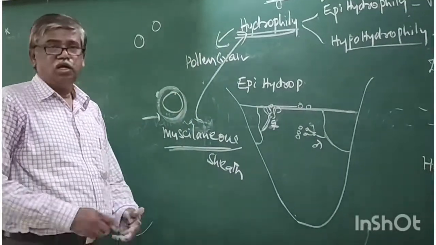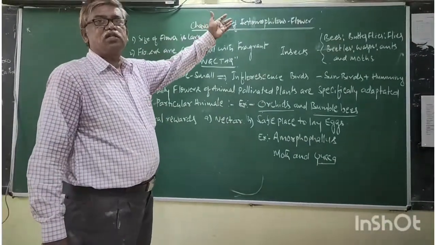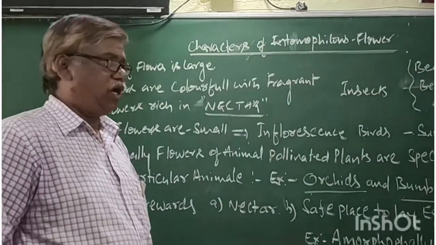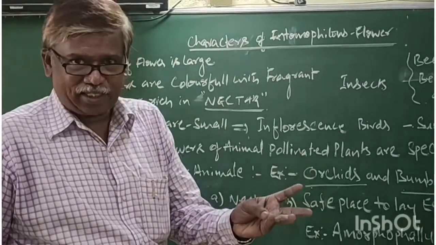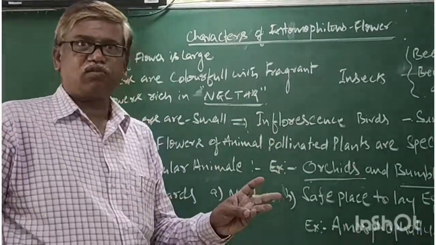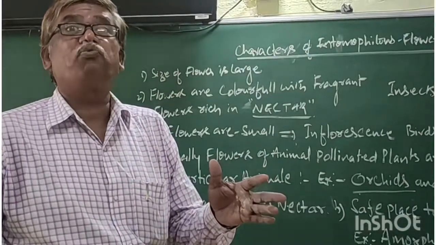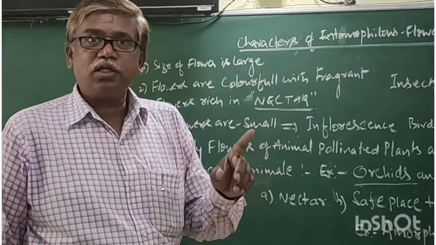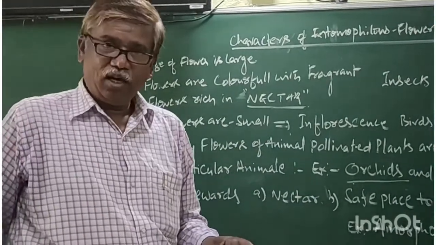Right. Now come to entomophilous. Now, we discuss another agent, that is biotic. Among these biotic agents: if the pollination is by insects, entomophilous; if the pollination takes place by snails, malacophilous; if pollination takes place by bats, chiropterophilous.